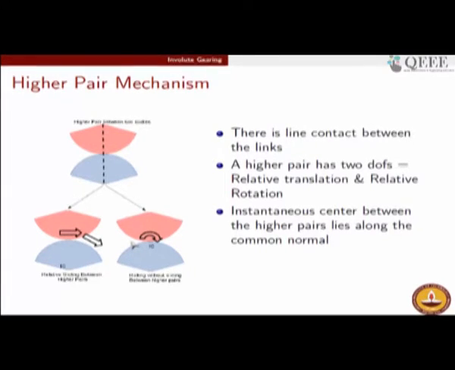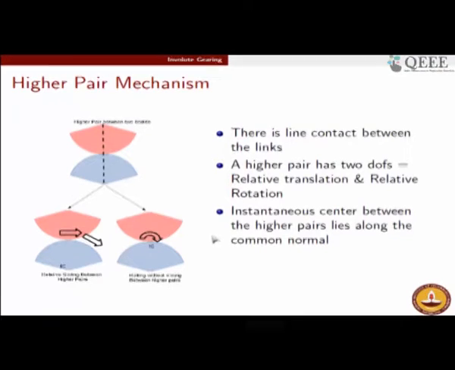So, that being said, instantaneous center nonetheless will lie along the common normal. The exact location on the common normal will be determined only if we know something more about the motion itself.